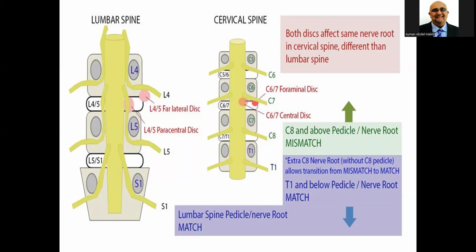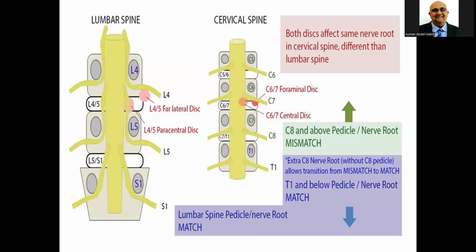I want to compare it with the cervical spine here. In the cervical spine, both central and foraminal discs affect the same nerve root, different from the lumbar spine. A C6-7 disc will affect the C7 nerve root, whether it's a central disc or a foraminal disc.